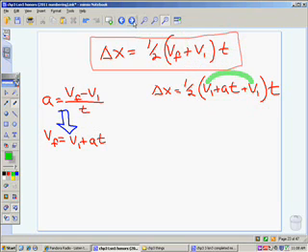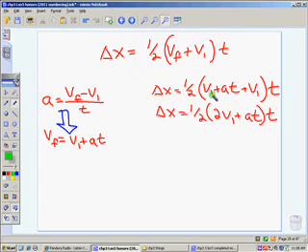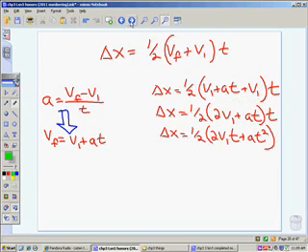Okay, now the next thing we're going to do is put these vi's together, and so we get 2vi. The next thing we're going to do is to multiply through the parentheses by the t. And we get this. And then we're going to multiply through by 1/2. We get that.